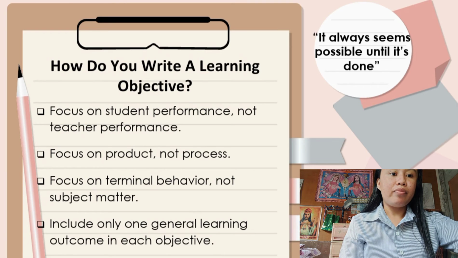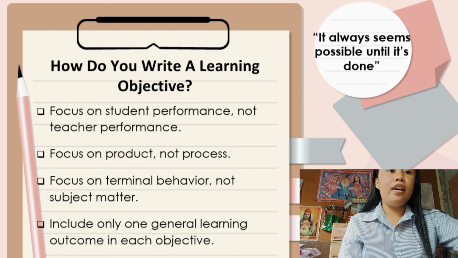Third, focus on terminal behavior, not the subject matter. So, in this part, mo focus gud ta sa mga behavior sa students, dili ra sa subject. And lastly, include only one general learning outcome in an objective. In every subject, we must have a general learning of the students, which is the objective.